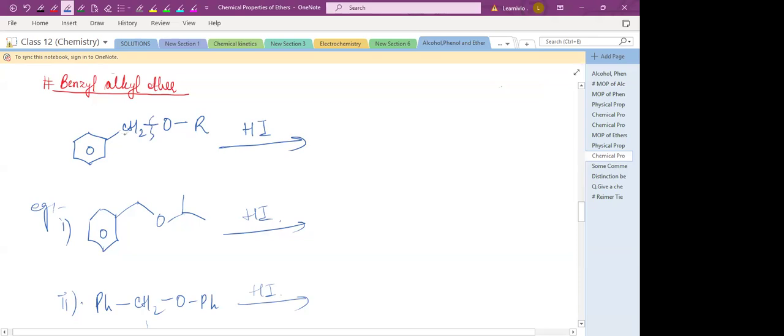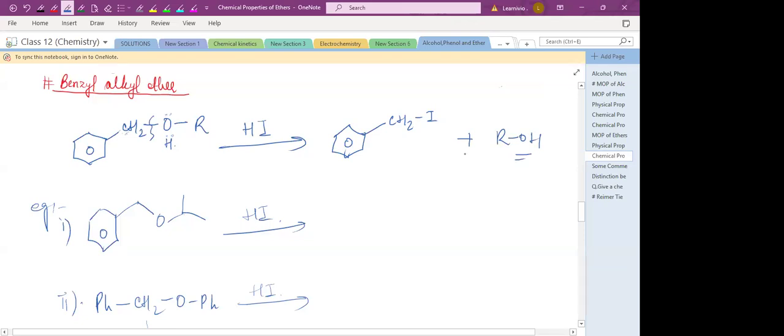This benzylic carbon and oxygen bond will break. So this will acquire a negative charge, this will have the lone pair. So hydrogen will attach here and this iodine will attach to this. So it will give you CH2I plus your ROH, alcohol.